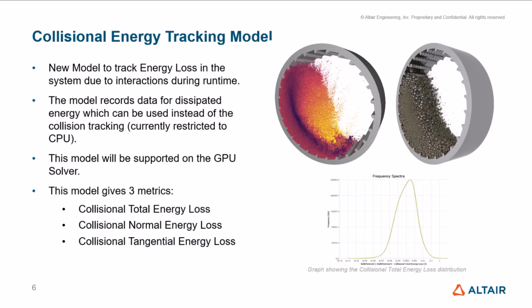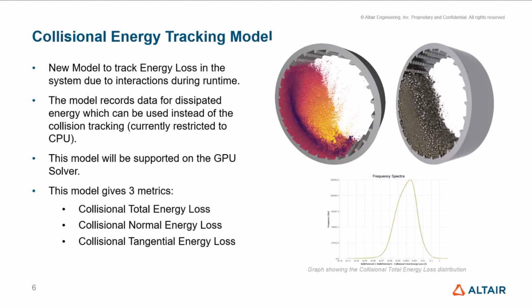These are specifically designed for being able to plot spectral plots. So the image at the bottom there is a plot of frequency against the total energy loss, for a particular interaction pair of materials. Once you load this model, you get access to the total energy loss in collisions, the normal energy loss in the collisions, and the tangential energy loss in collisions.